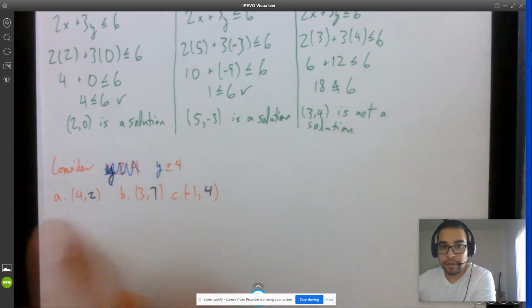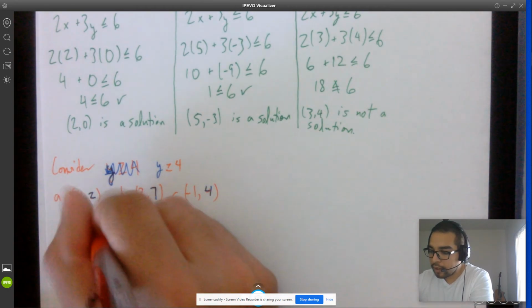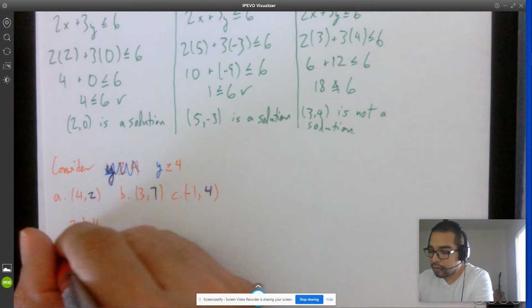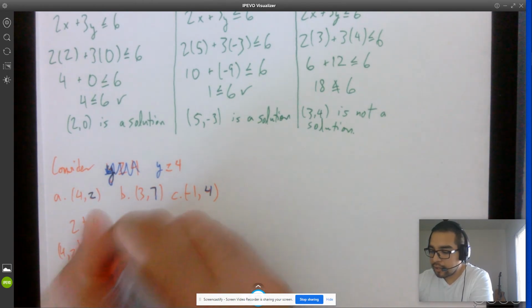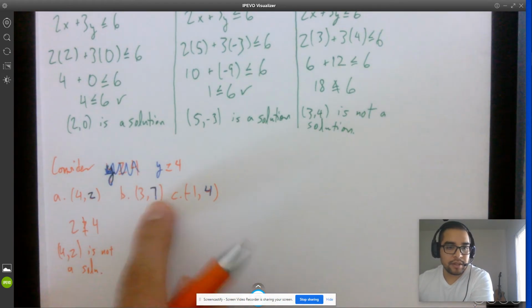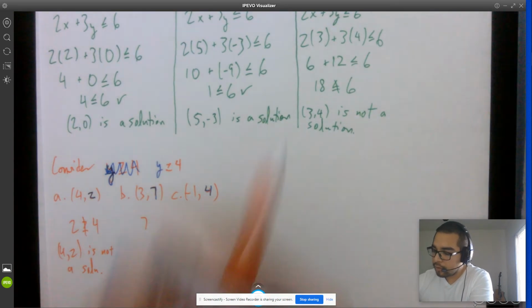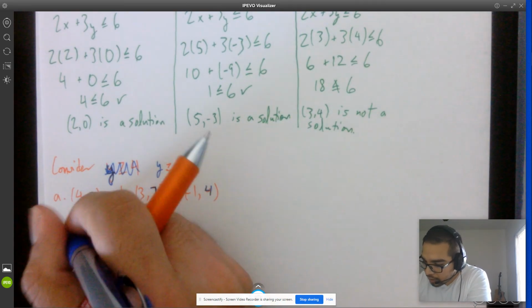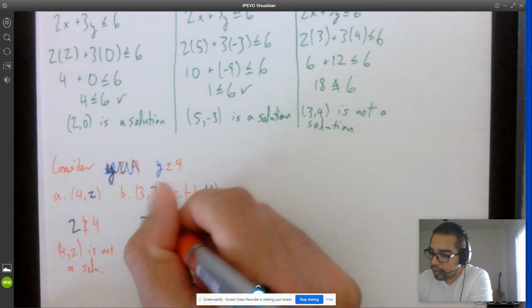Let's take a look at this one here. Is 2 greater than or equal to 4? That is not a true statement. So (4, 2) is not a solution. Now the 7. Is 7 greater than or equal to 4?